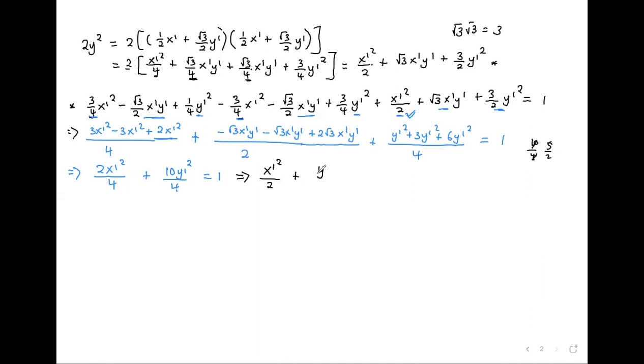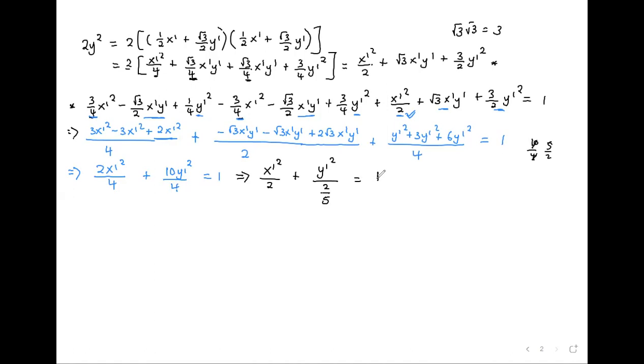So it will be y prime squared over, then you reciprocate, so to write it in the denominator as 2 over 5, is equal to 1. That's the standard form.